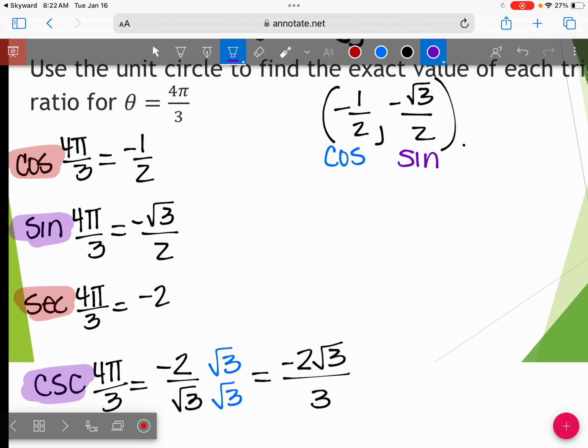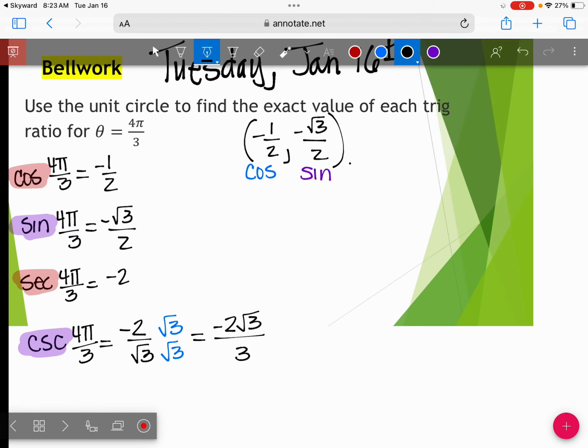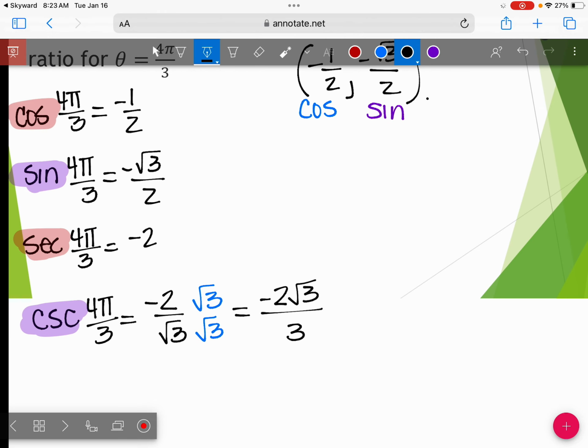Now the last two are tangent and cotangent. Those are my quotient identities. So to find tangent, tangent equals sine divided by cosine.